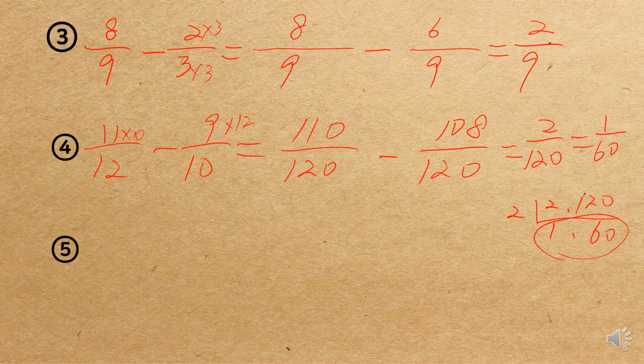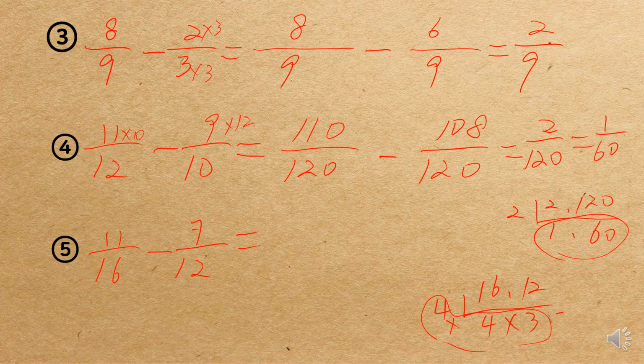Question 5. 11 over 16 minus 7 over 12. 16 and 12's first common factor is 4. 4 times 4 equals 16. 4 times 3 equals 12. Multiplying all of them is 48.